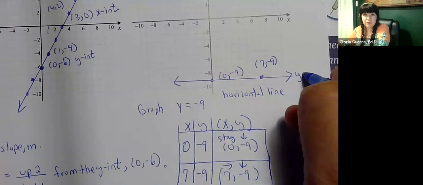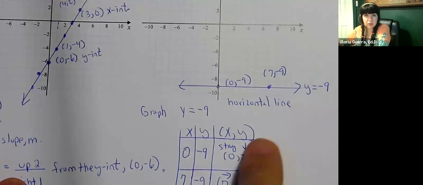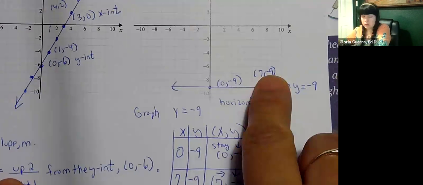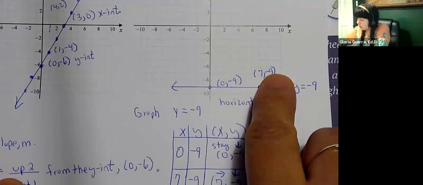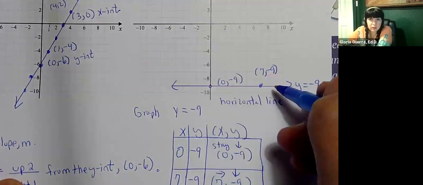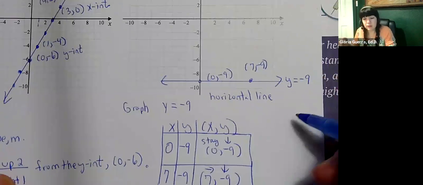So you see what they have in common, the y's, right? See, this is like x, y, x, y. Both the y's are -9. That's the name of the equation. That's a horizontal line. That's what that looks like.